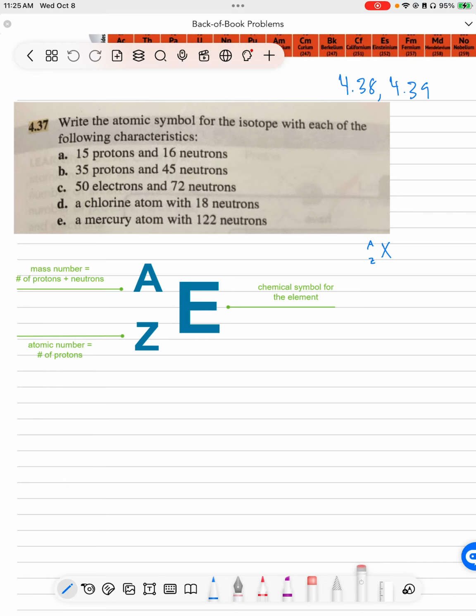So first of all, what is an isotope? An isotope is all of the same element, but with different mass, created from having a different number of neutrons. Remember that the number of protons always stays the same, but the number of neutrons can change. They can gain one or two or lose one or two, but generally just one, I think.